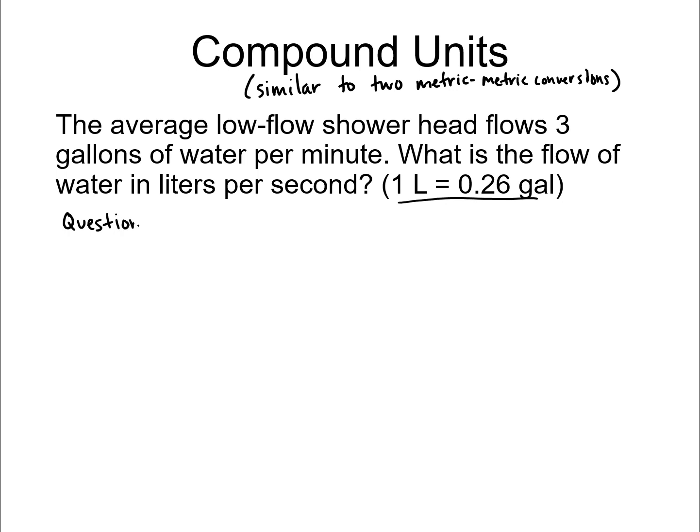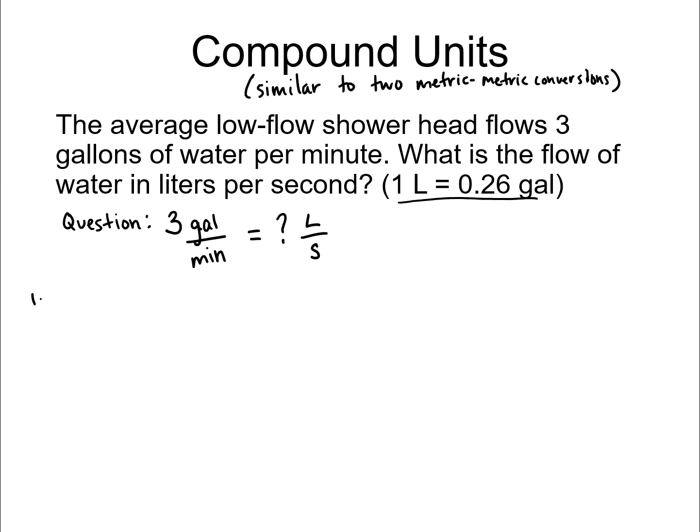Let's rewrite our question. We have 3 gallons per minute. And we want to know, what is that in liters per second?